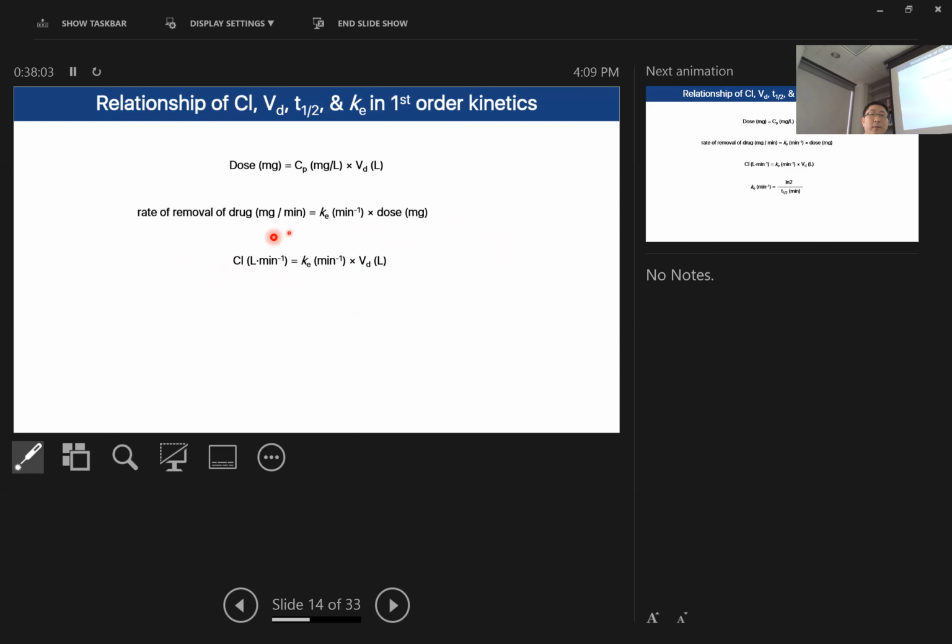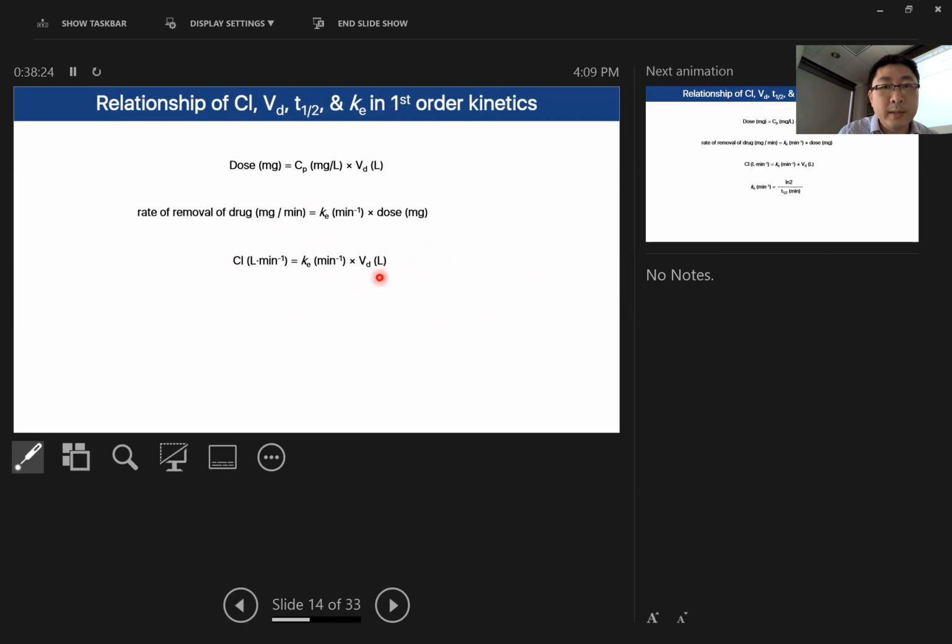Just remember, we are clearing the volume, and the elimination rate constant and volume multiply together to equal the clearance. We will have more examples for this, but remember this one. This is easy to remember too.